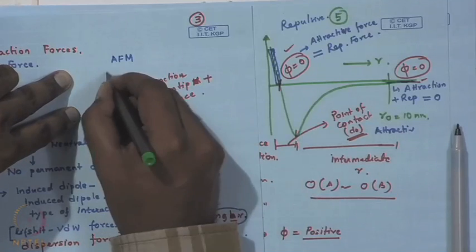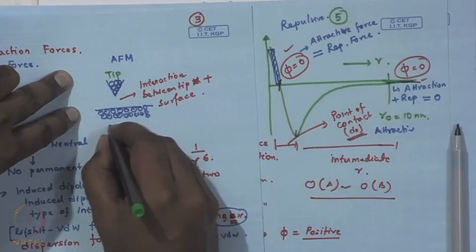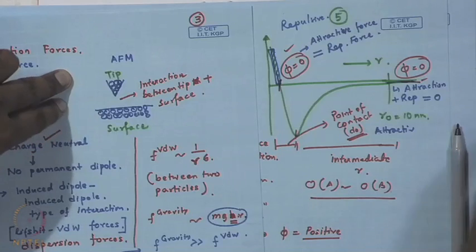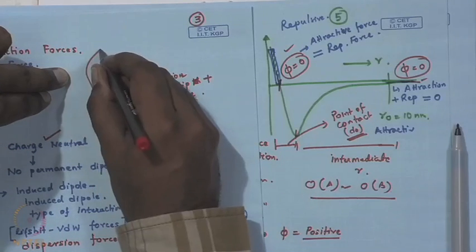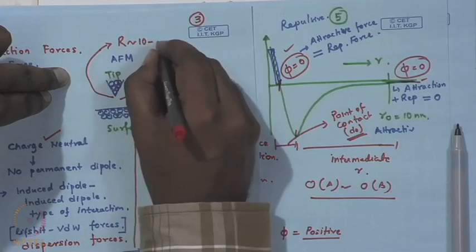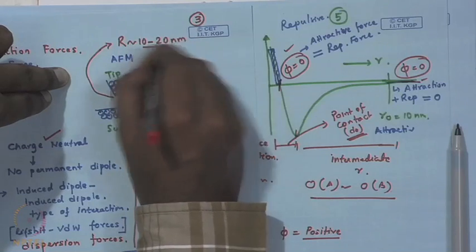This is the tip, this is the surface to be scanned. One additional piece of information: the tip is sharp, with a radius of curvature between 10 to 20 nanometer.